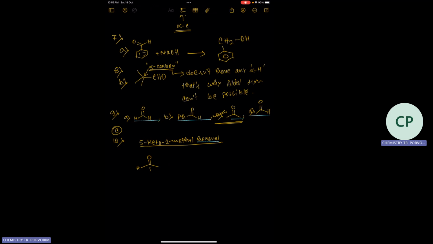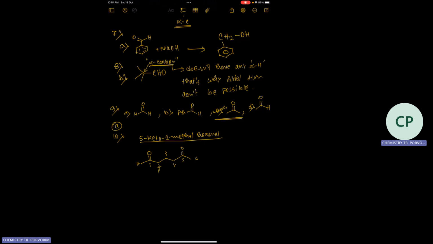Carbons 1, 2, 3, 4, 5, 6. At the 5 position there will be a keto group, and at the 2 position there will be a methyl. So this is the compound we should get.